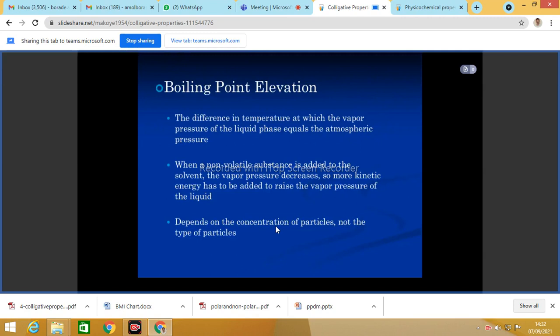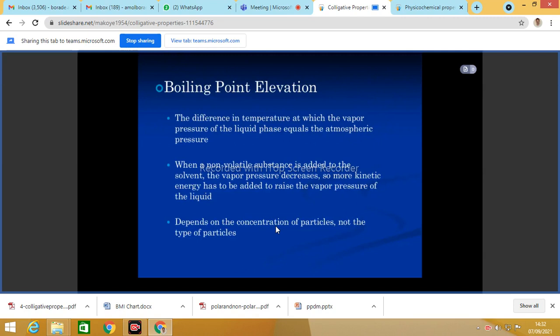The temperature at which the vapor pressure of the liquid phase equals the atmospheric pressure is called the boiling point. Now you have to imagine a beaker containing liquid. We are boiling the liquid. We have started the boiling from 25 degrees Celsius, that is room temperature.